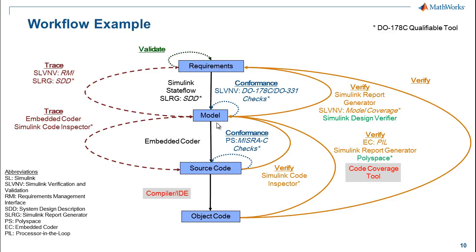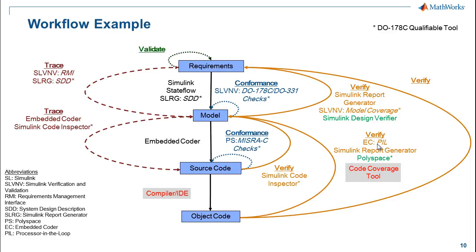All right, so you see I call out this PIL mode. Embedded Coder supports what we call software-in-the-loop, or SIL, testing, as well as processor-in-the-loop, or PIL, testing. Essentially it's a way that from within Simulink, when you press play, you can choose whether you want to be executing Simulink blocks, or the compiled generated code running locally, that's SIL, or the compiled generated code running on a target processor, which is PIL, communicating with your IDE and then talking to the actual processor.